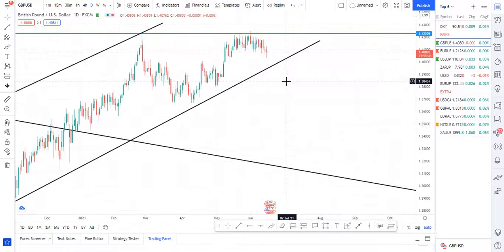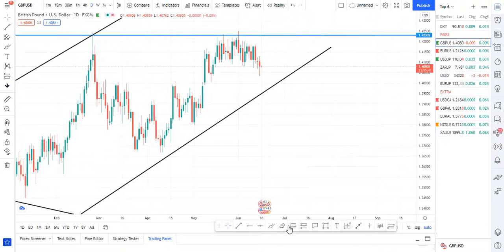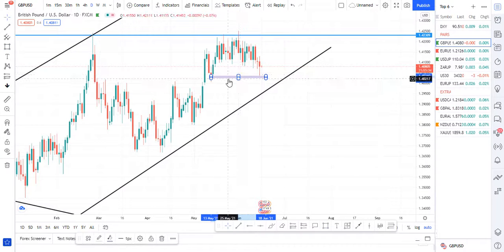So at this point I wouldn't do anything. All I would have to do is make sure I highlight this area here, and I highlight it very well.